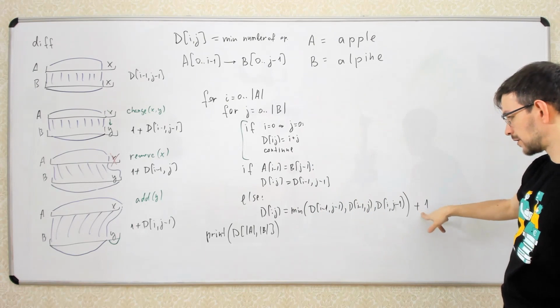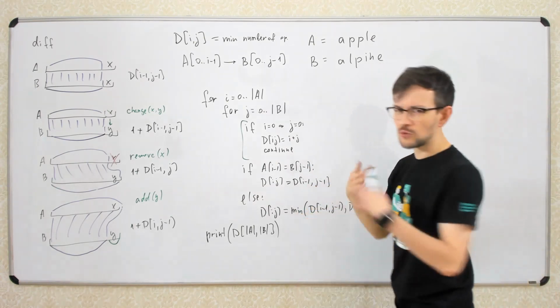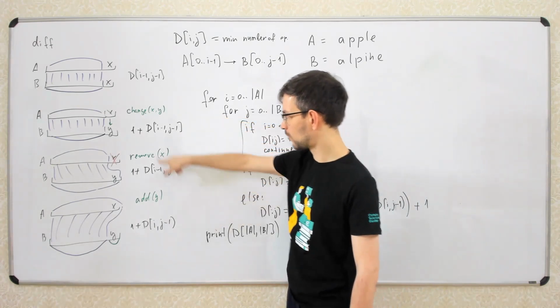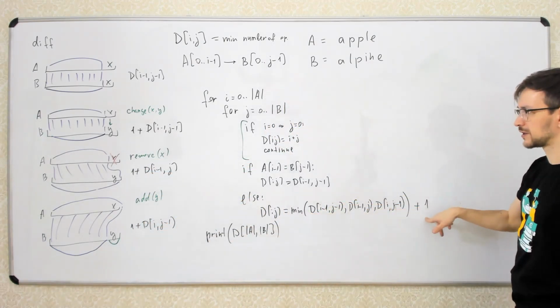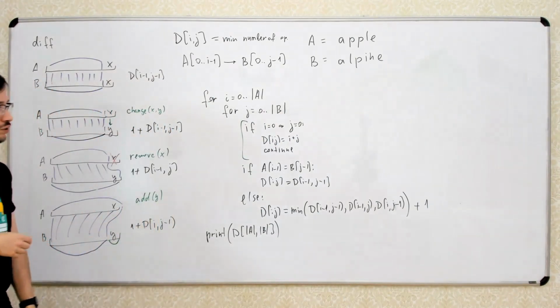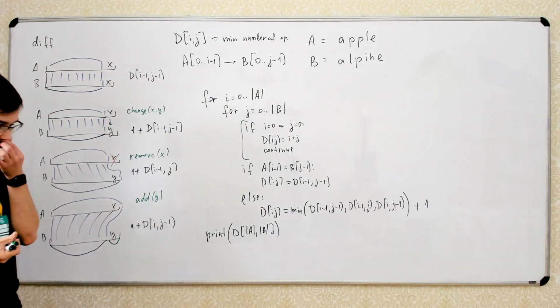And here I have plus 1 in the end. I take the minimum of these three functions, but all of them have plus 1, so you can take this plus 1 out of the brackets. That's all. That's how you calculate Levenshtein distance.